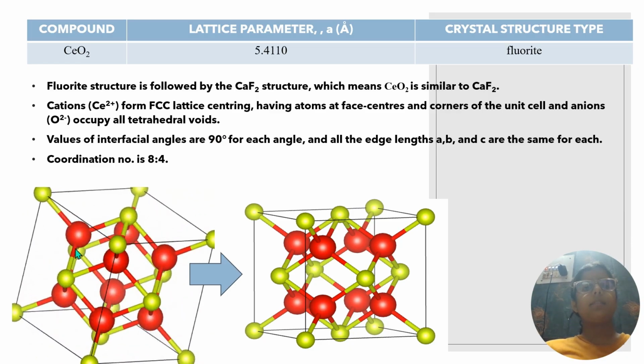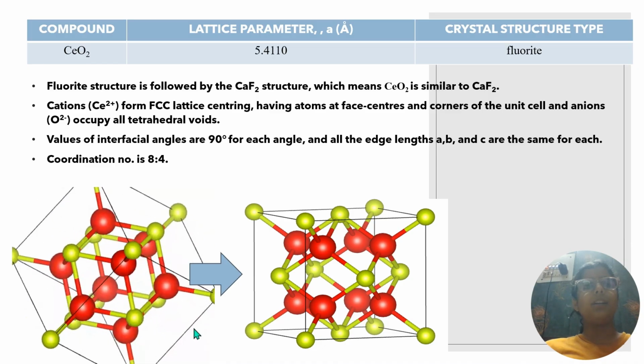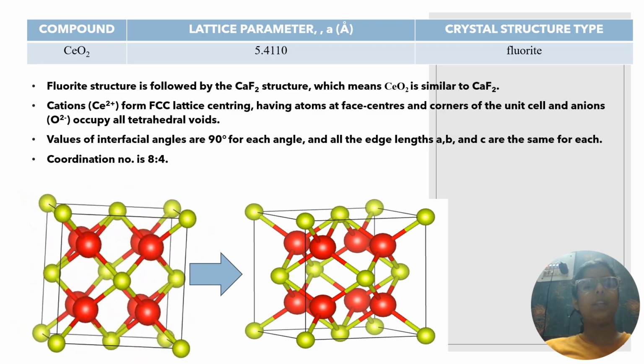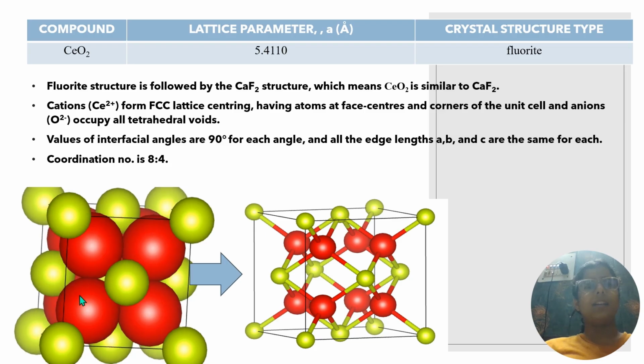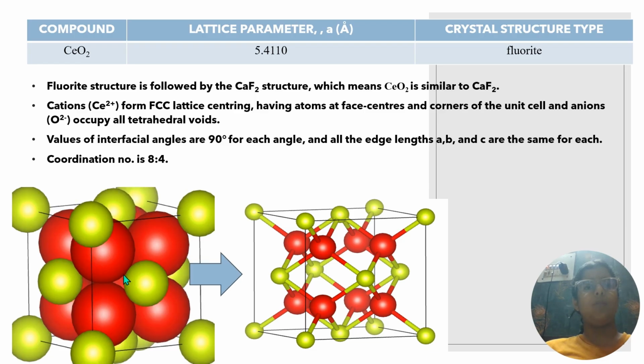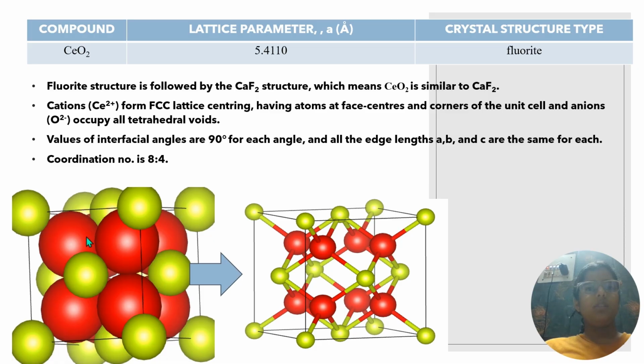In this crystal system video, we can see how these green atoms, which are the cations, occupy the corners and the face center forming the FCC lattice, and the red atoms, which are the anions, occupy all the tetrahedral voids possible in the crystal structure.